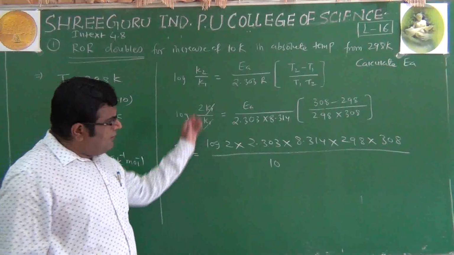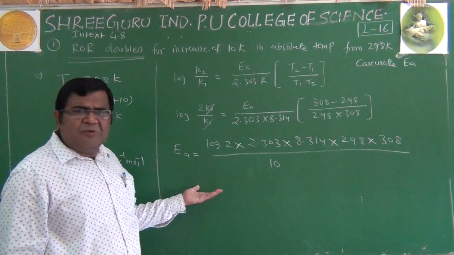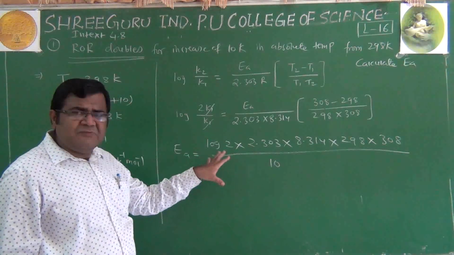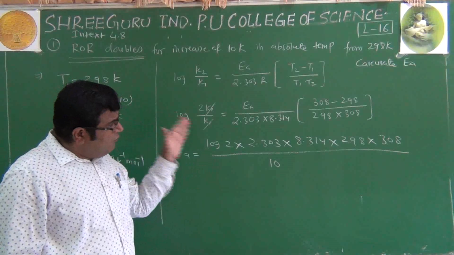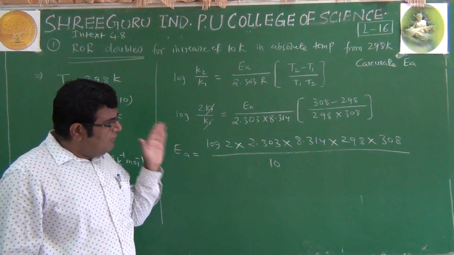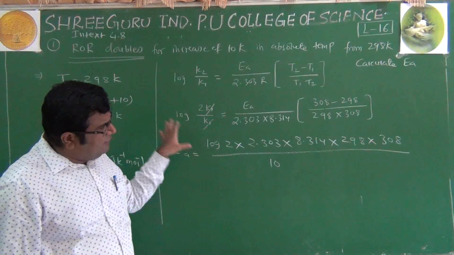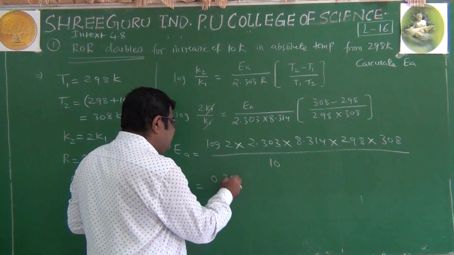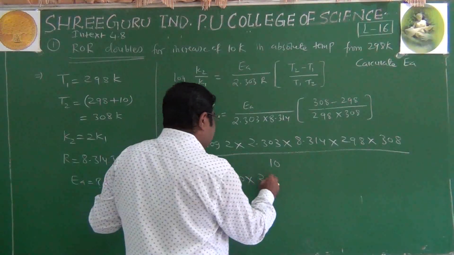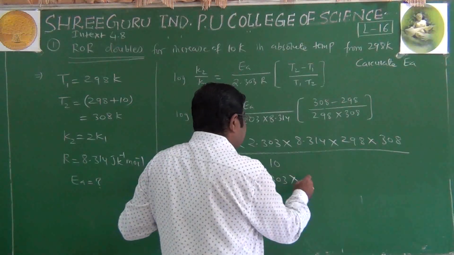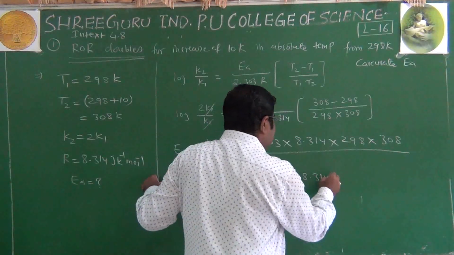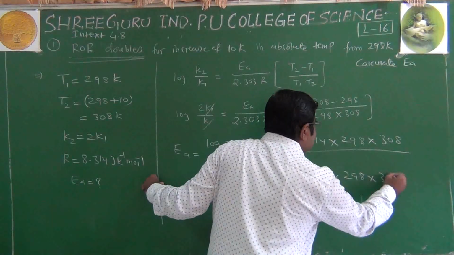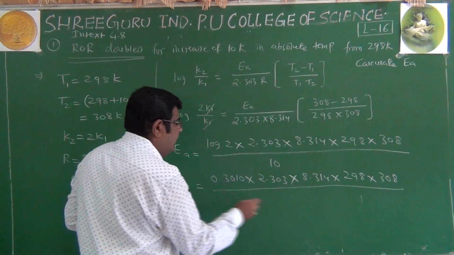So even though many calculation terms are there, we should not worry about it, because we can use a calculator, and in MCQs they will give such numbers which are easily divisible. Only we have to keep our patience and write everything clearly. Log 2 is 0.3010, 2.303, 8.314, 298, 308, and this divided by 10.